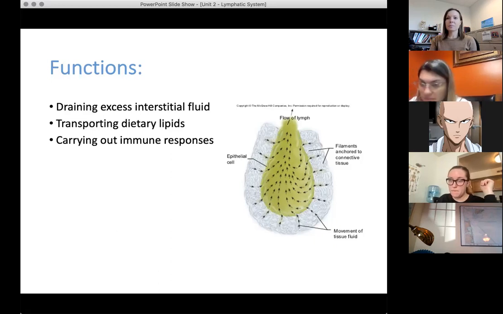Can you repeat that again for me? Sorry. The lymphatic vessels transport lipids that have been absorbed by your digestive tract into the blood.